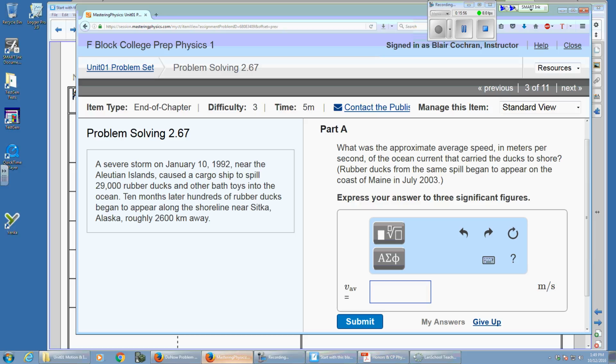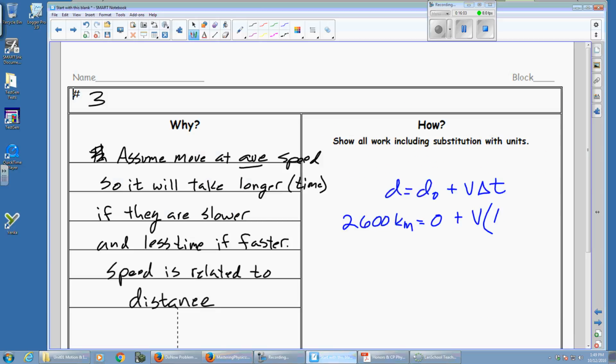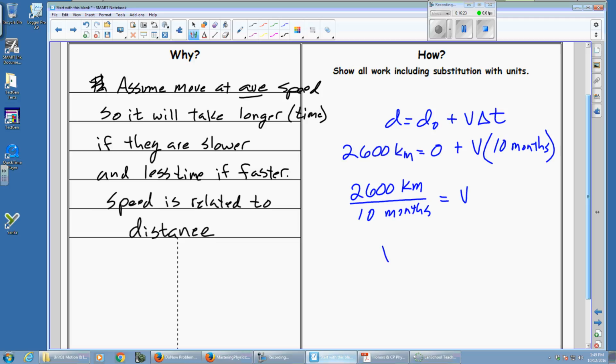Do I know how long it took? 10 months later. So that means, if I isolate V, I get 2,600 kilometers over 10 months equals V. So that means V equals 260 kilometers per month.